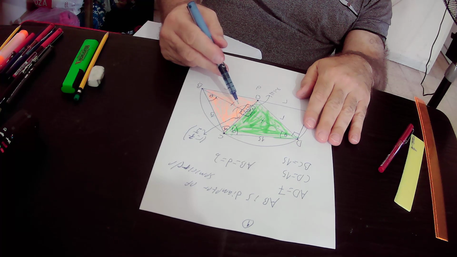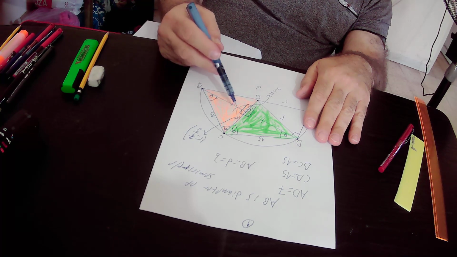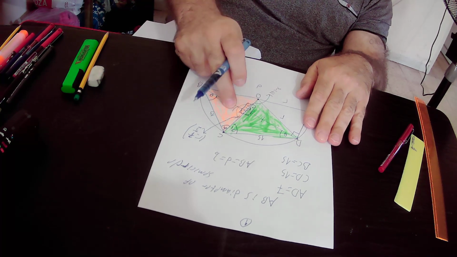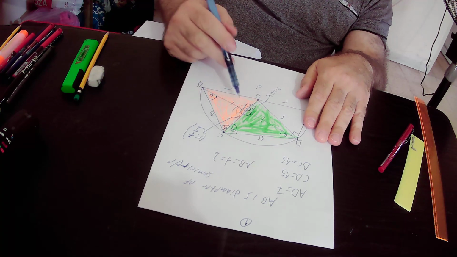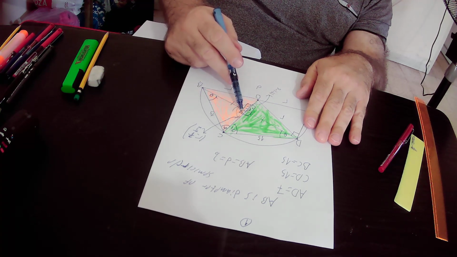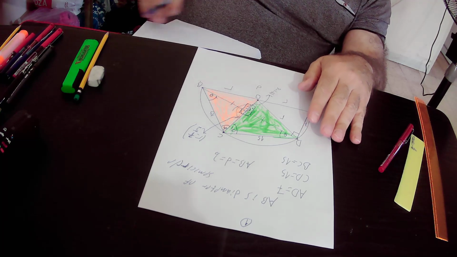And triangle BEC, the orange triangle, is also a right triangle because angle BEC is a right angle. This angle equals 90 degrees.